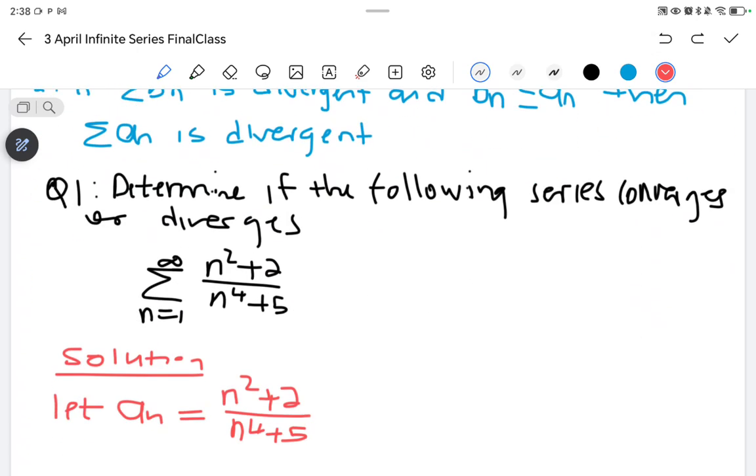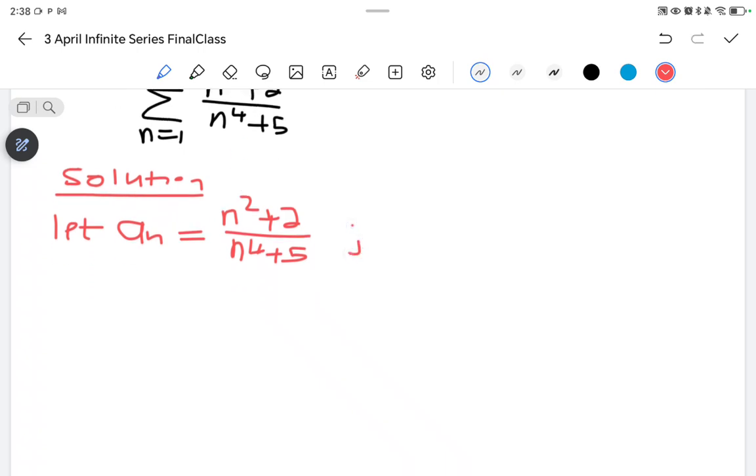Now I can come up with b of n. b of n can be, I could reduce the denominator, I could put this n squared plus 2 over n to the 4 if I wanted, or I reduce both.